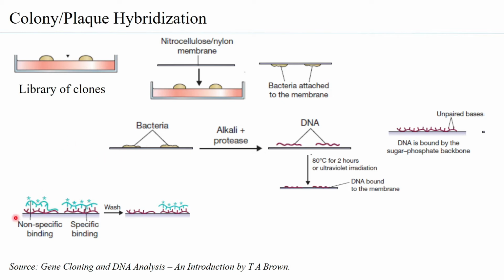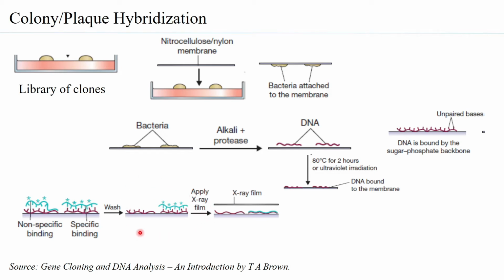Any probe that is bound to the nitrocellulose membrane without any specificity, through non-specific interaction, should be removed. What should only remain bound is the probe that has complementarily bound to the DNA of interest. So as you can see on washing, those probes that were not bound with high specificity are washed away, while only that probe remains bound to the nitrocellulose membrane because it has formed complementary base pairs.